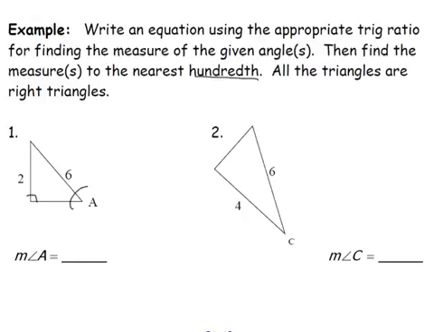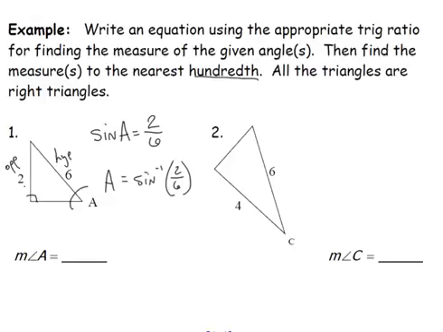It says angle A. Here, I have the opposite, and I have my hypotenuse. So I'm going to be using sine. So the sine of angle A is equal to 2/6. So I'm going to be doing my inverse sine to find out what A is. So A is going to equal the inverse sine of 2 divided by 6.